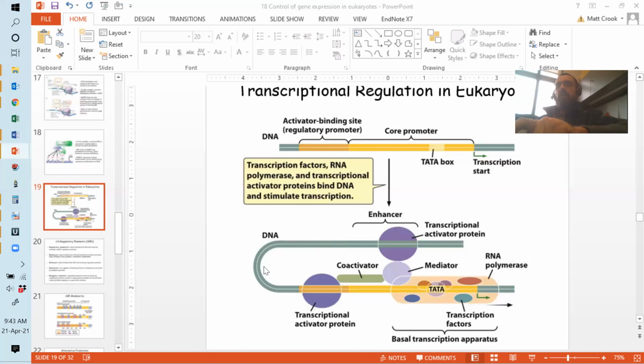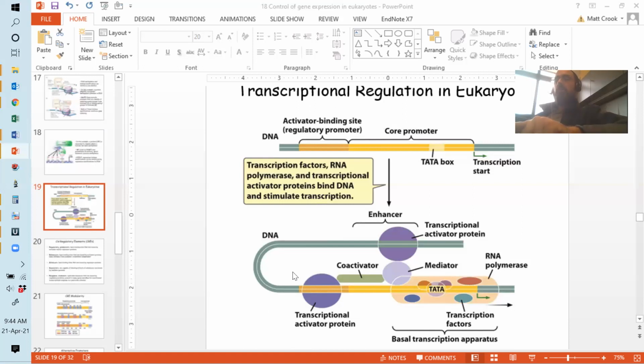And also ones which kind of enhance transcription, right? So they're not required for basal levels of transcription, but their presence will increase the level of transcription of that gene. And what you'll often find is that the DNA sequences for both enhancers and repressors often overlap.